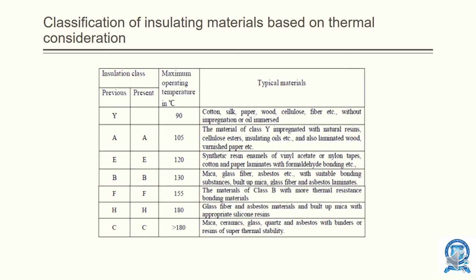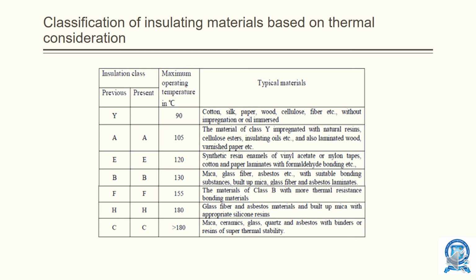Again, the insulating materials are classified into various classes: Y, A, E, B, F, H and C, based on the maximum operating temperature, that is, the temperature withstand capability. If it can withstand up to 90 degrees, it comes under Y class. If it is up to 105, it comes under A class.